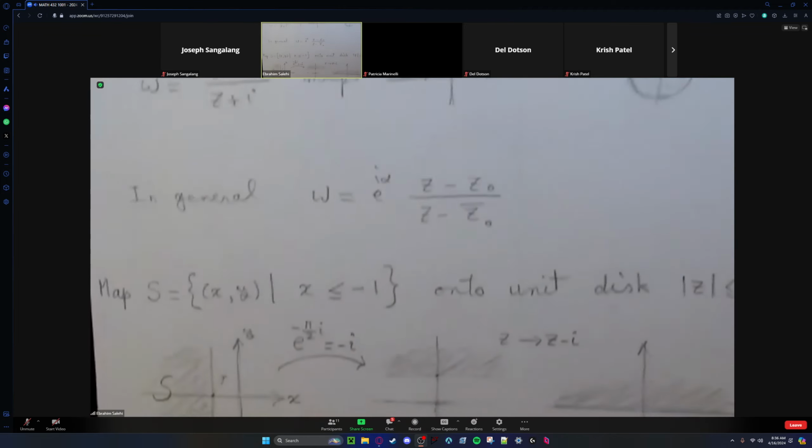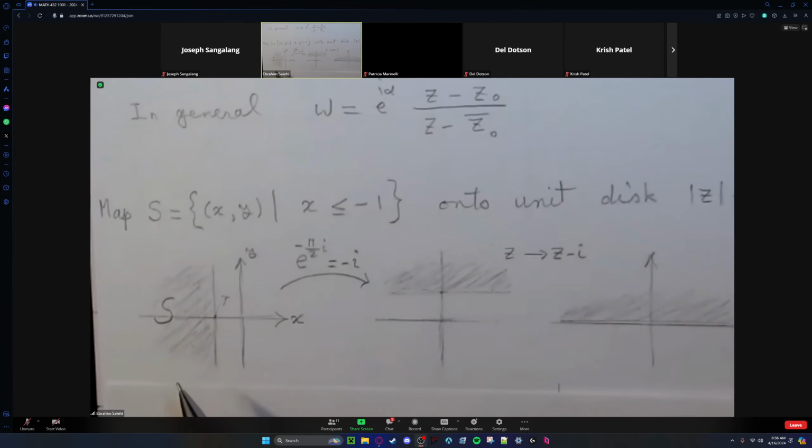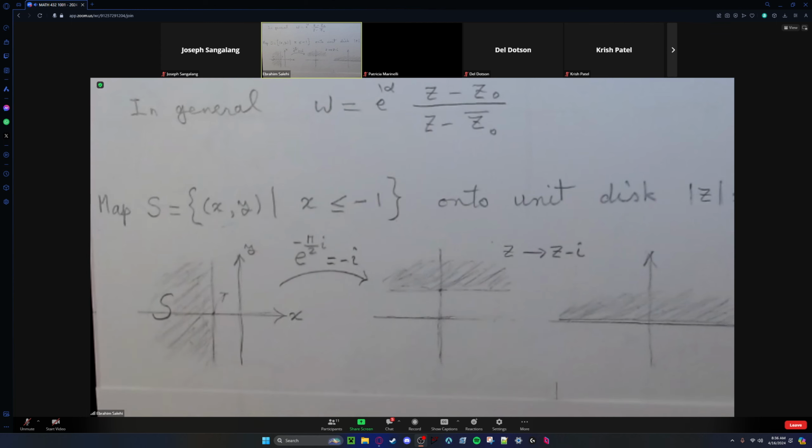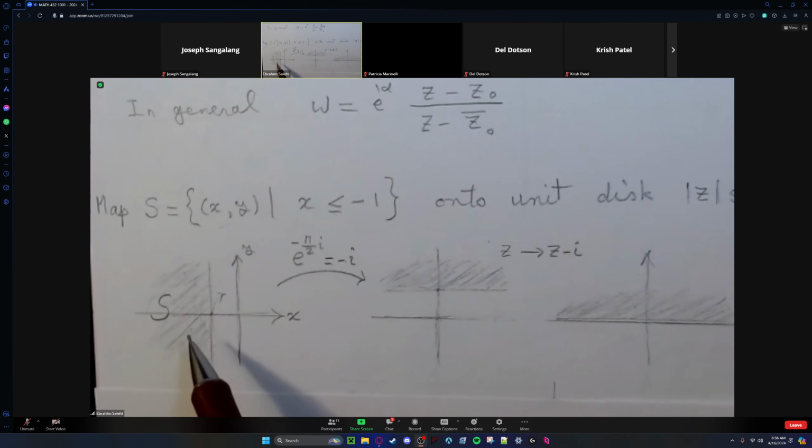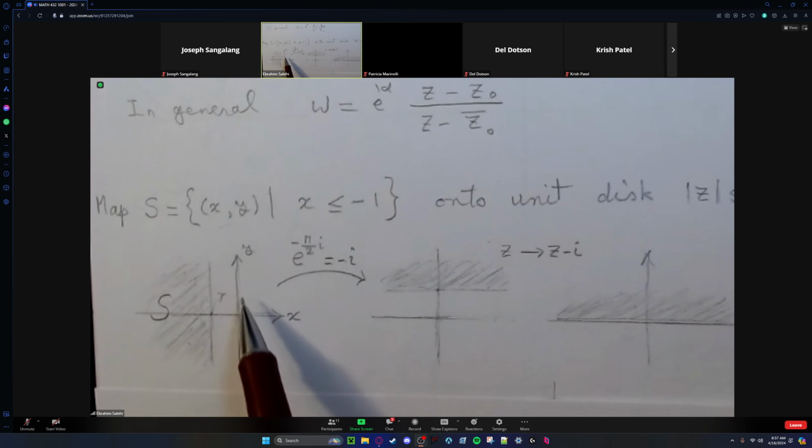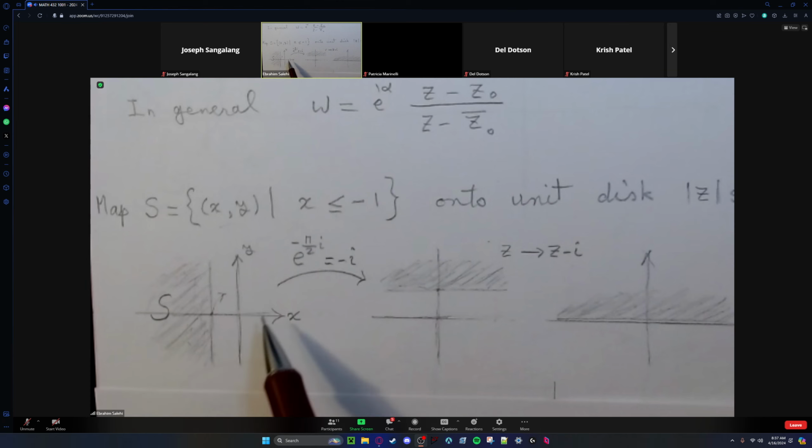So somehow we need to make the problem ready for that one. Here is what we did last time. We will rotate the whole thing 90 degrees clockwise, which is a negative direction.